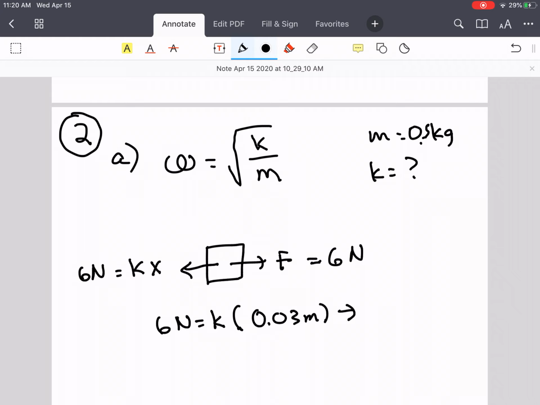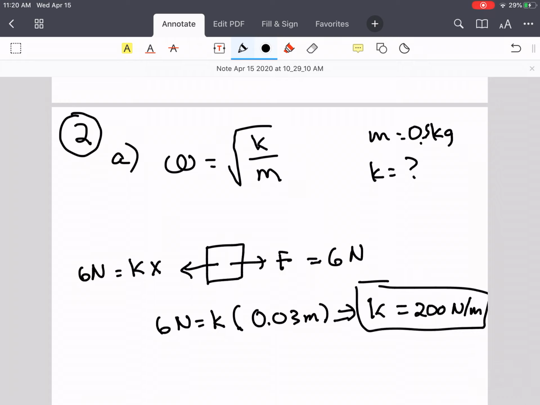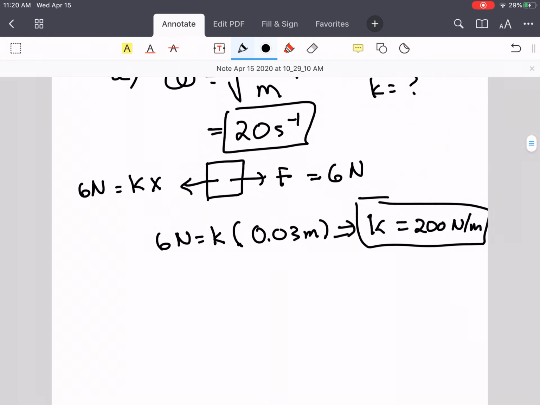And then just a quick line of algebra here. We can figure out that our spring constant K is simply going to be 200 newtons per meter. Alrighty, so K is 200 newtons per meter. I can now plug that into my original formula, and I find that omega is 20 inverse seconds, or 20 radians per second. And from there, everything else is easy.